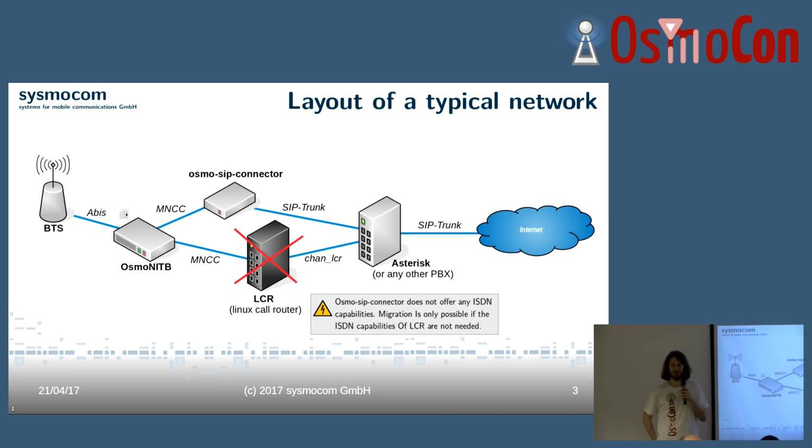The easier way is to do exactly as you do with osmo-sip-connector. Basically, you use LCR as a bridge between MNCC and a SIP trunk. And in this case, configuration is actually really simple. It's just a couple of lines in the configuration, and I think it's published in the wiki. If not, we can publish it.